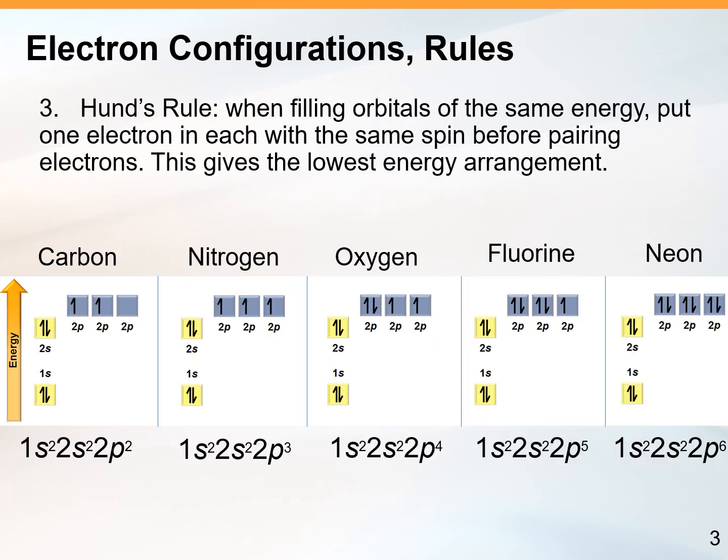The last rule, called Hund's rule, becomes important when you are filling the electrons in an orbital diagram. You need to put 1 electron in each orbital before pairing them to give the lowest energy arrangement of electrons. For example, carbon has a total of 6 electrons.